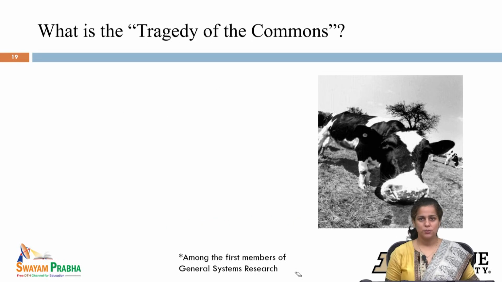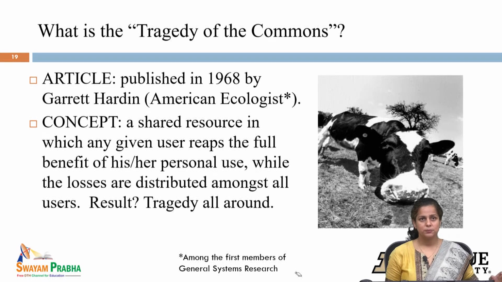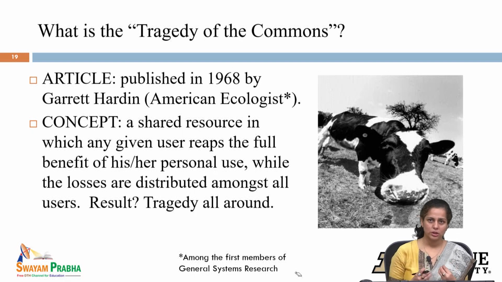So let us go into more detail about what the tragedy of the commons is. This was first published in 1968 by Garrett Hardin, who was an American ecologist. The phenomenon that Garrett Hardin observed was basically that when you have a shared resource in which any given user reaps the full benefit of his or her personal use, while the losses are distributed amongst all users, no one takes ownership of maintaining that particular resource.